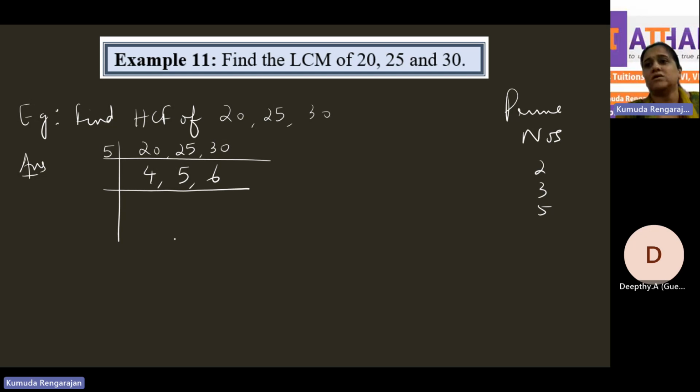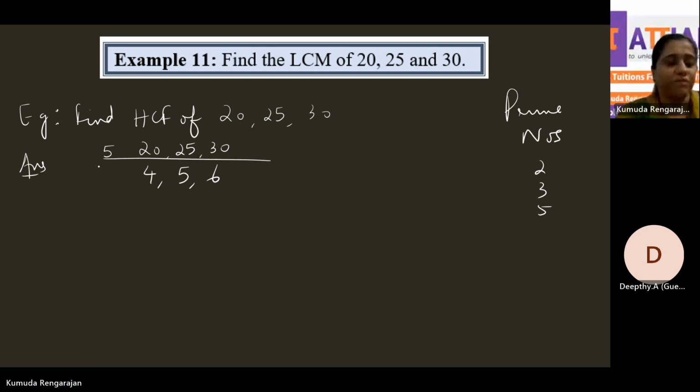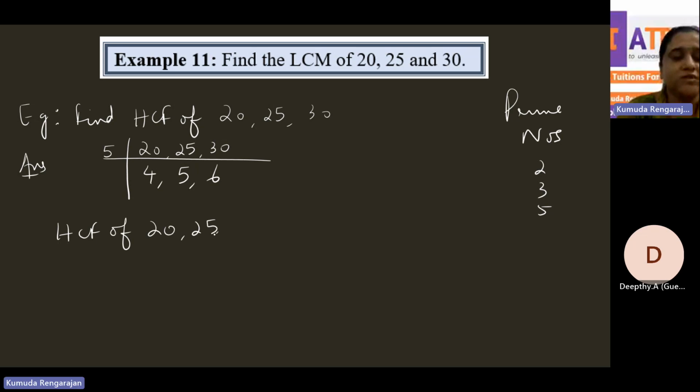No. So you must stop there. You cannot proceed. That's it. So the HCF of 20, 25, and 30 is 5.